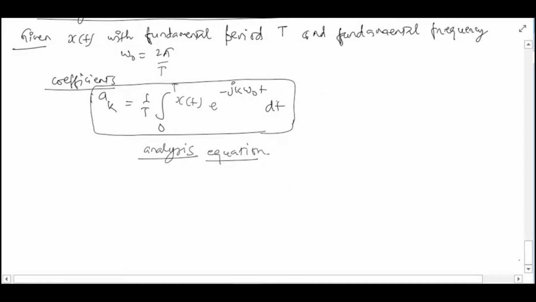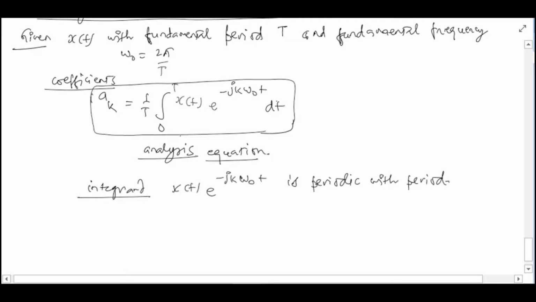Notice that the integrand in this equation, that is x(t) e raised to minus jk omega naught t, is periodic with period T. So rather than integrating it over 0 to T, we can integrate it over any interval of width T and we will get the same coefficient, same outcome.